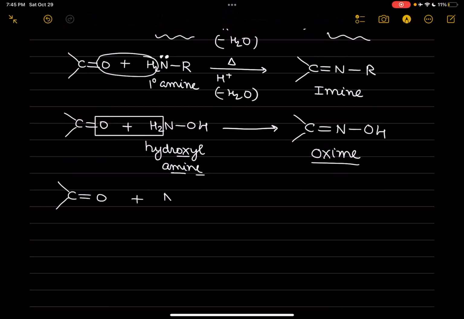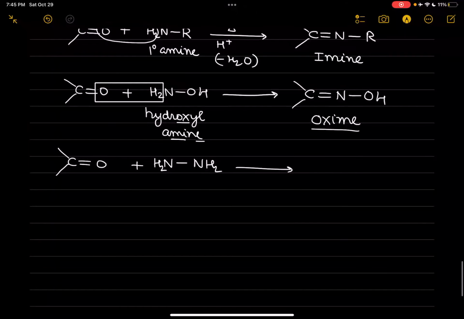And suppose you have two NH2 groups connected to one another. What's the name of this compound? Hydrazine. And what's the name of the product?